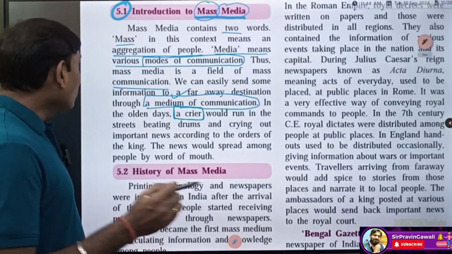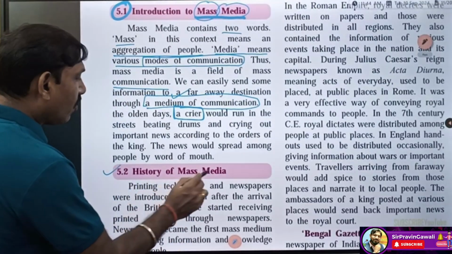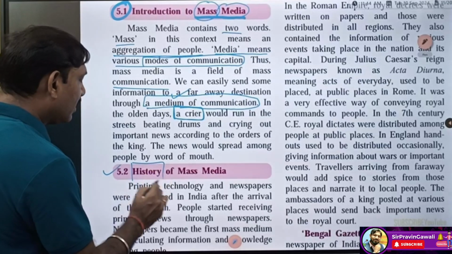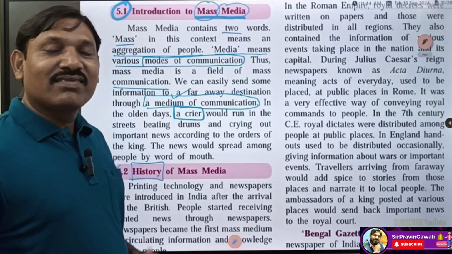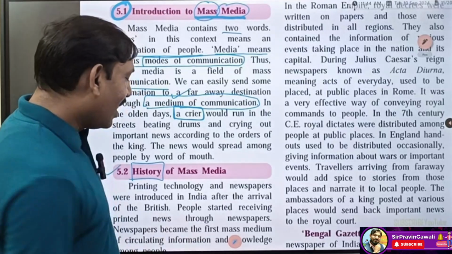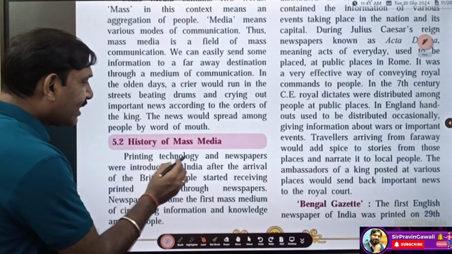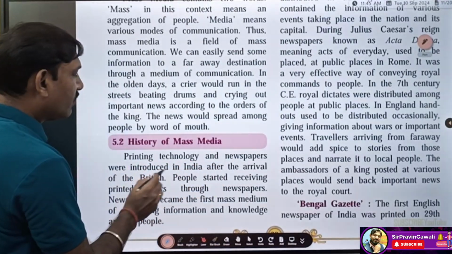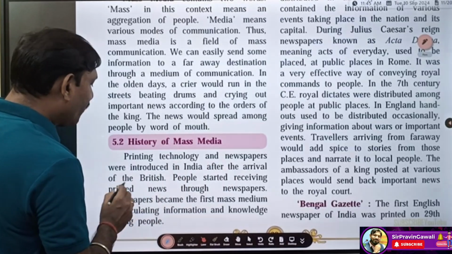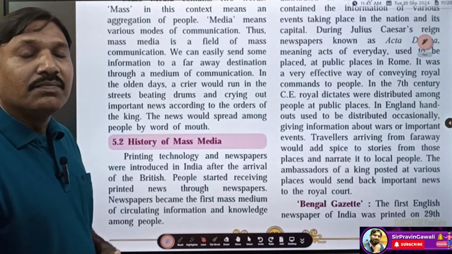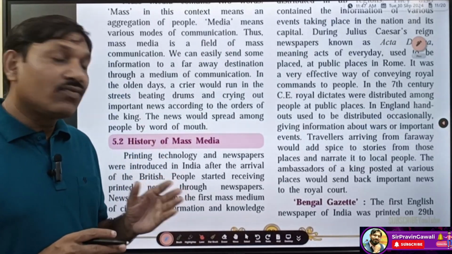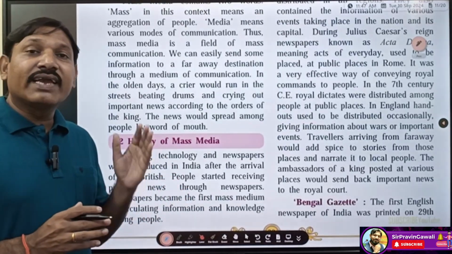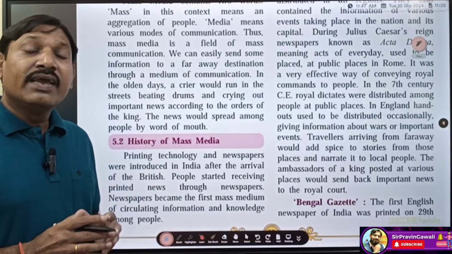So, students, now the second point is the history of mass media. Earlier I told you we are going to learn the history of mass media, how the mass media started. Now see, students, here, printing technology and newspapers were introduced in India after the arrival of the British. In the 14th century in European countries, the printing press was established, or the technology of the printing press was introduced.